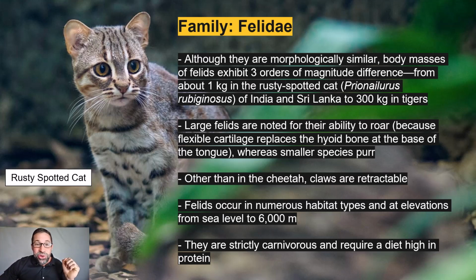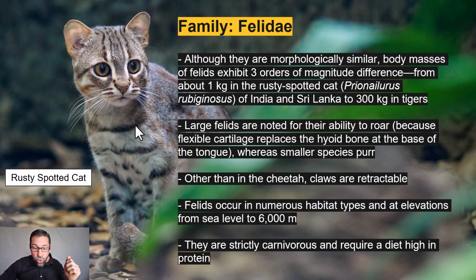The dorsal surface of cats' tongues are lined with papillae, pointed backwards, and that's what's going to give cat tongues that sandpaper feel. It's going to allow them to better lap up water and then to effectively clean, to groom their fur. Felids occur in numerous habitat types, from sea level tigers all the way up to 6,000 meters at the top of the Himalayas.